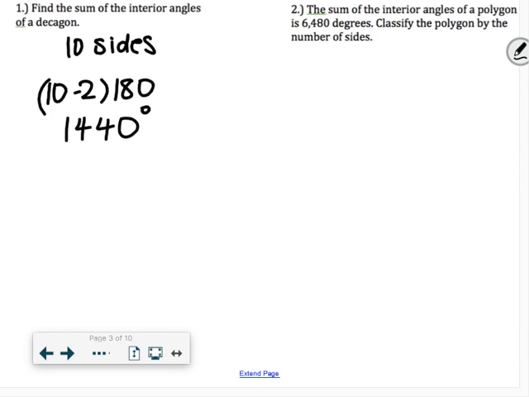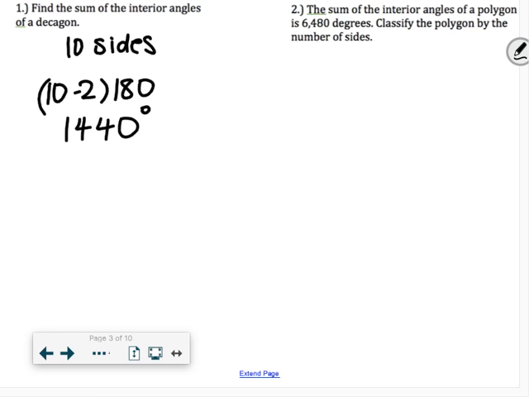I can also use my equation working backwards. On example 2 here, it says the sum of the interior angles of a polygon is 6,480, classified by the number of sides. So is it going to be a triangle, quadrilateral, pentagon, hexagon, heptagon, octagon, nonagon, decagon, up to 10?